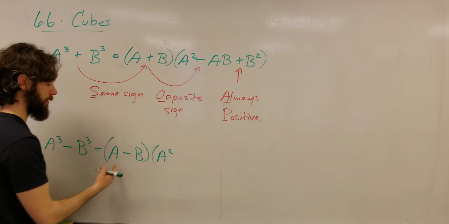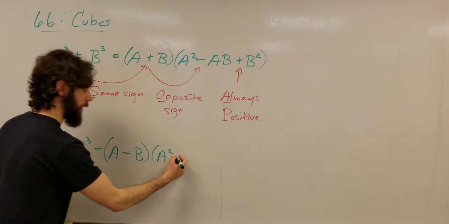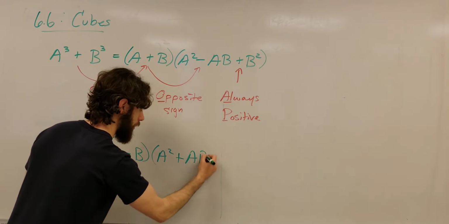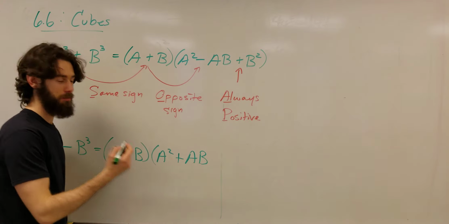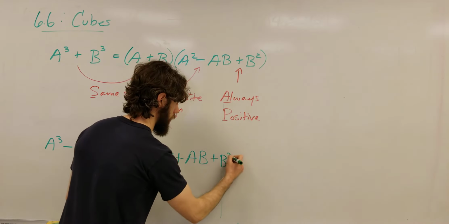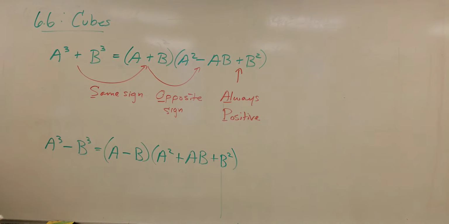Now it's the opposite sign, so we go from negative to positive, ab, and then plus b squared, always positive. So it's the same pattern for both of them. Okay, so let's take a look at a couple examples.